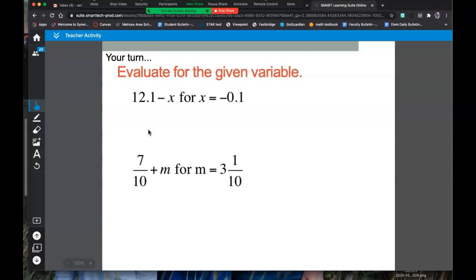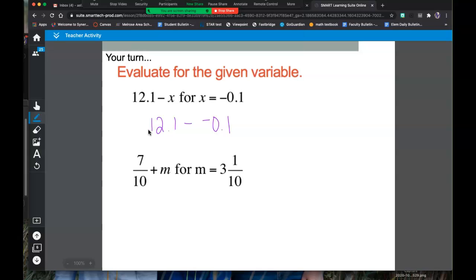It's 12.1 minus negative 0.1. And here's the mistake some of you made. When you had 12, you forgot to do keep, change, change. So don't forget, 12.1 plus positive 0.1. You can type it in your calculator, but it ends up being 12.2.